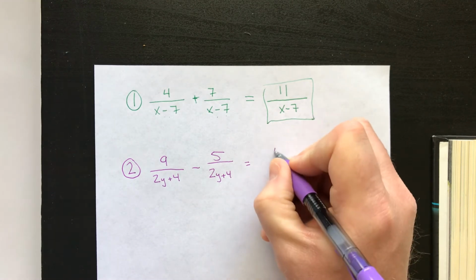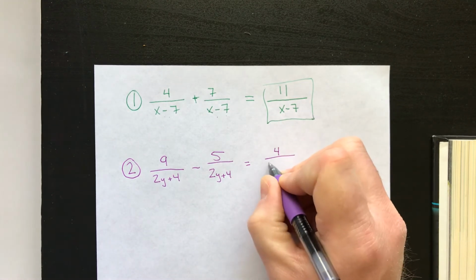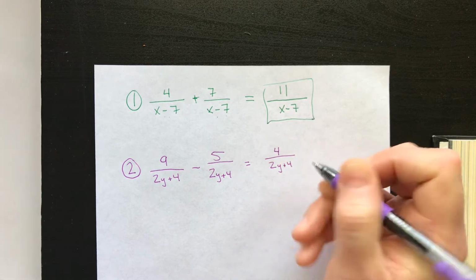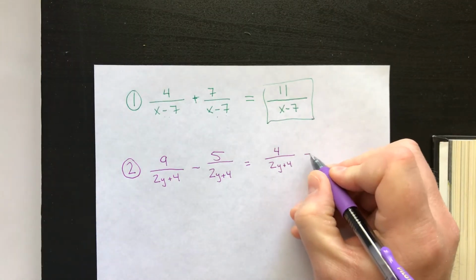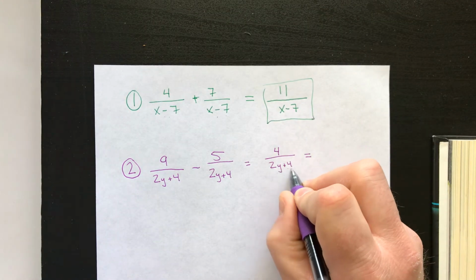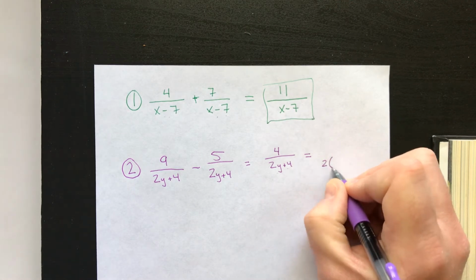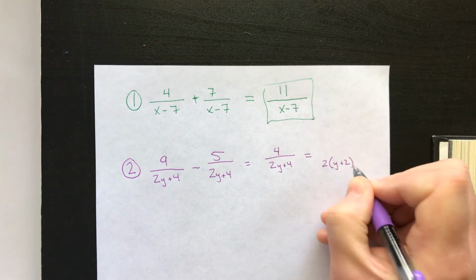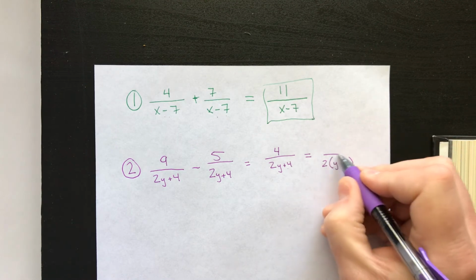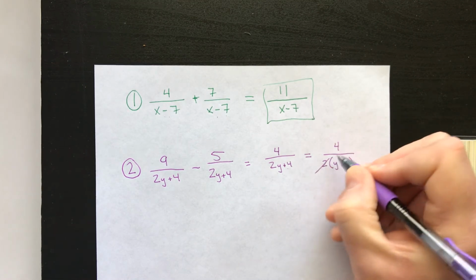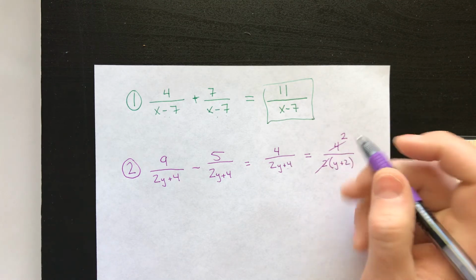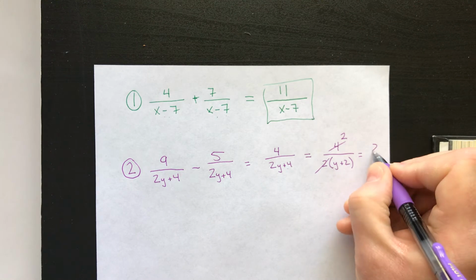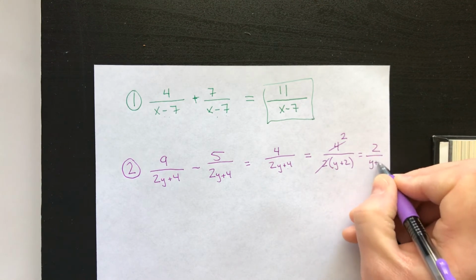So 9 minus 5 is 4 all over 2y plus 4. There is one more step, though, that you have to do. We have to factor a 2 out of this denominator, so it becomes y plus 2, because the 2 will then cancel with 2 of the 4 in the numerator. So your final answer is actually going to be 2 over y plus 2.